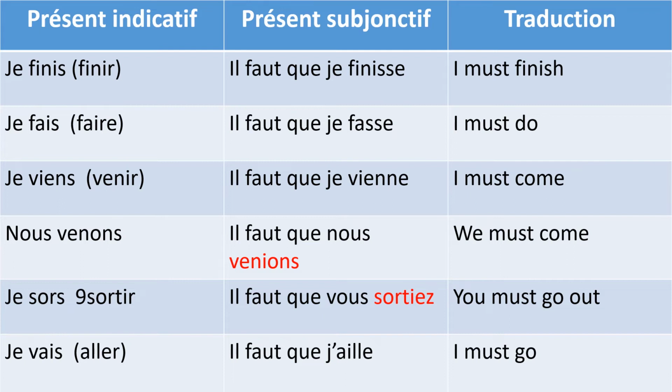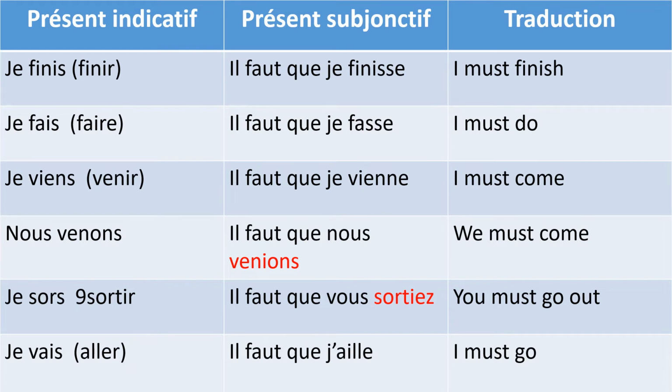Je viens, which comes from venir, il faut que je vienne, il faut que tu viennes, il faut qu'il vienne, and il faut que nous venions. So you have the I again. Il faut que vous veniez, and il faut qu'ils viennent for the plural. Je sors, I am going out, which comes from sortir.